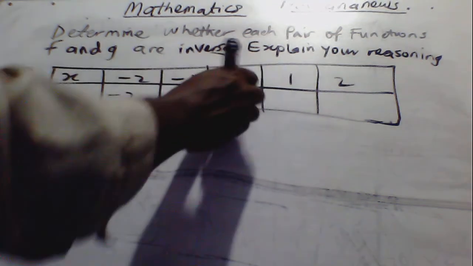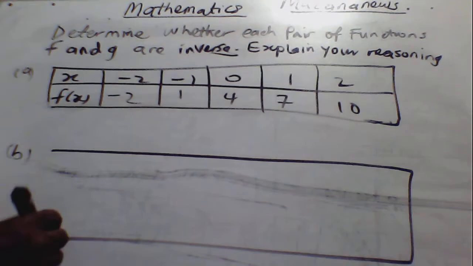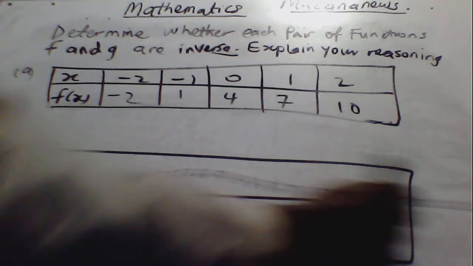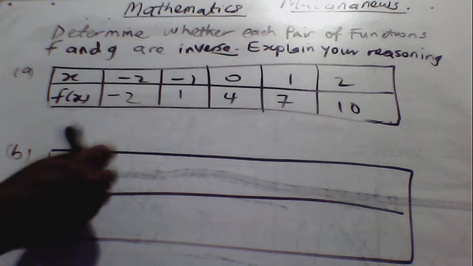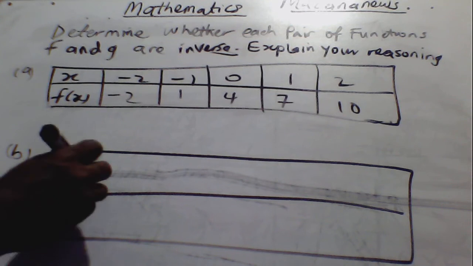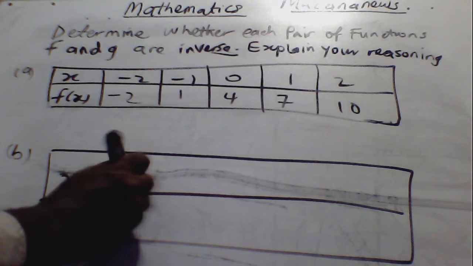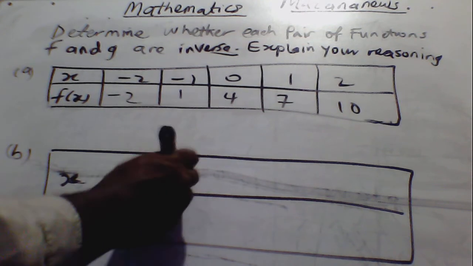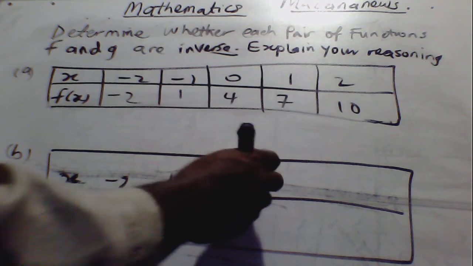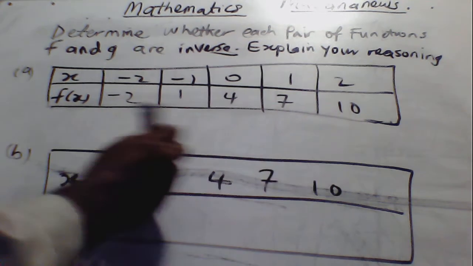This gives us minus 2, 1, 4, 7, and 10. So you have another one. I hope you are seeing it. You have another table. You have x: minus 2, 1, 4, 7, and 10.